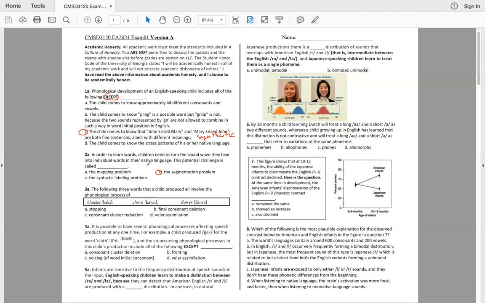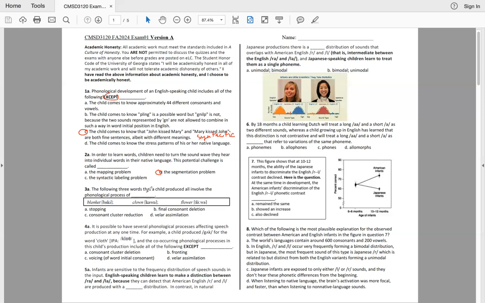You do not usually hear individual sounds or individual words. So children need to segment the continuous stream of speech into individual words or individual sounds for word learning or for speech perception development. B is right.